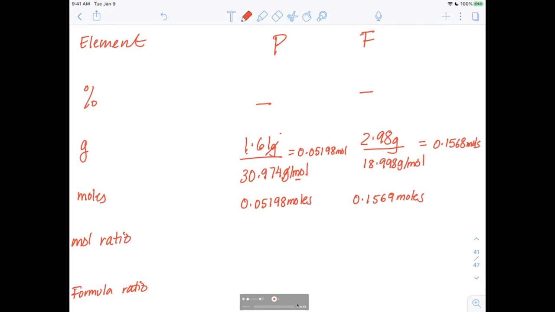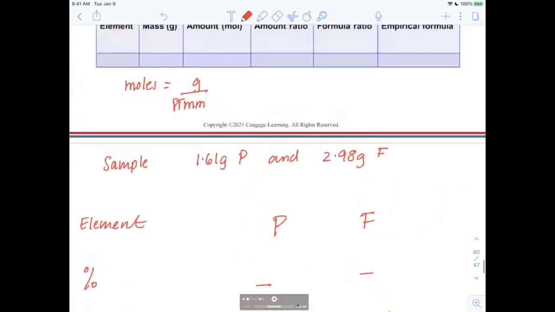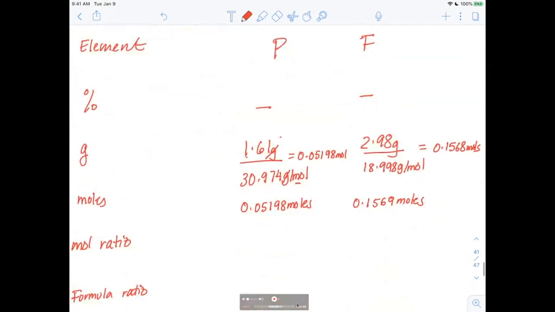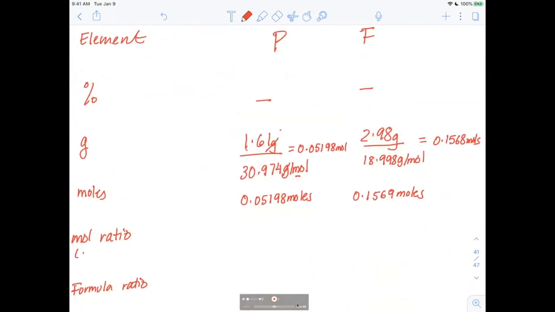Okay, so now that we have this, to get the mole ratio, I'll say here, divide by smallest moles. To get the moles, you're taking the mass over molar mass. That's how we're getting these numbers. Divide by smallest moles.